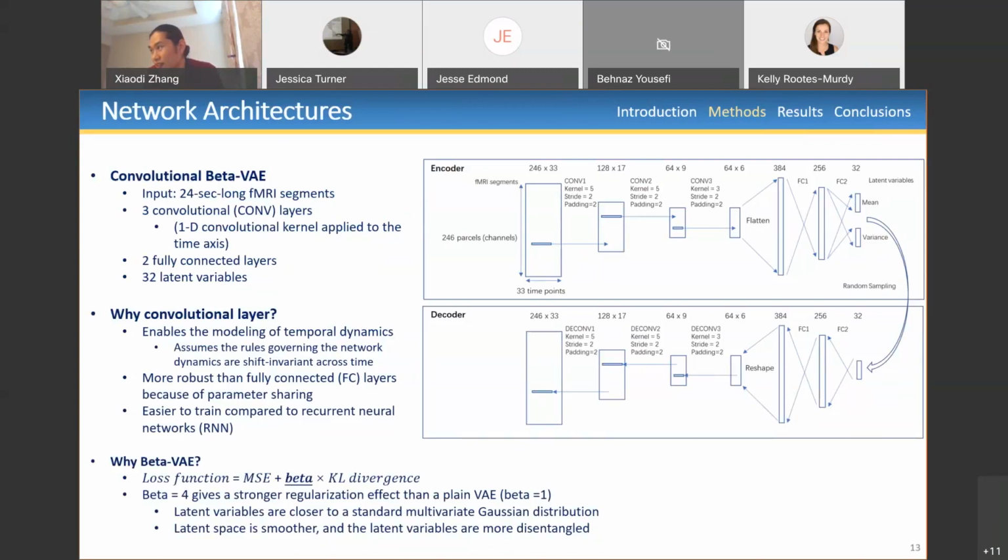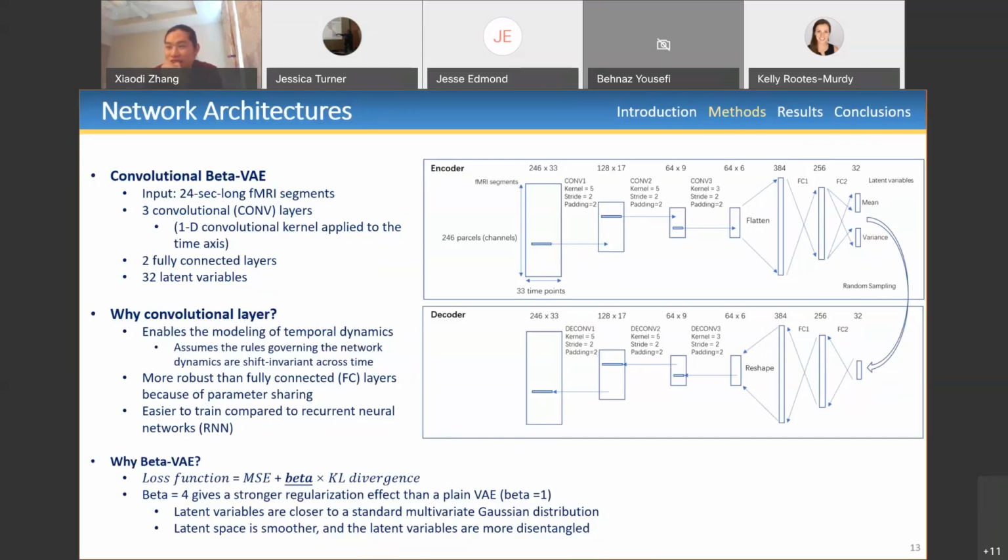I have an understanding of how the parcels can be downsized to fewer and fewer dimensions, because we would have networks and such. But how come the algorithm behaves in a way that we first have 17 time points, then 9, then 6?